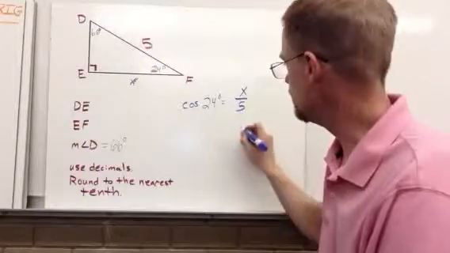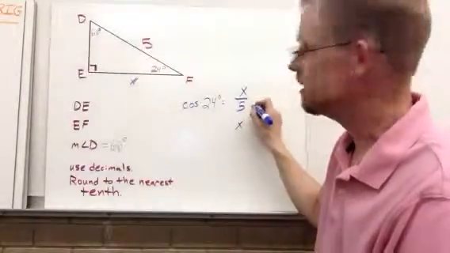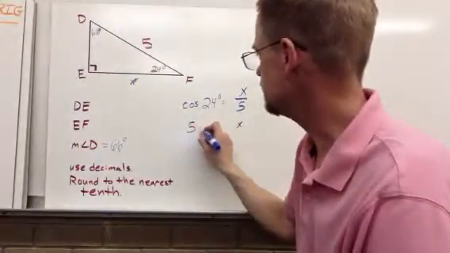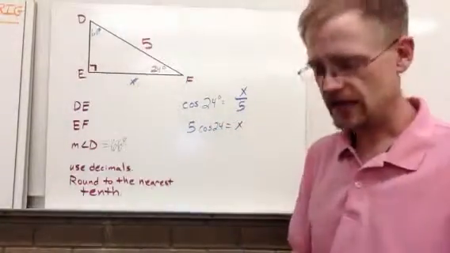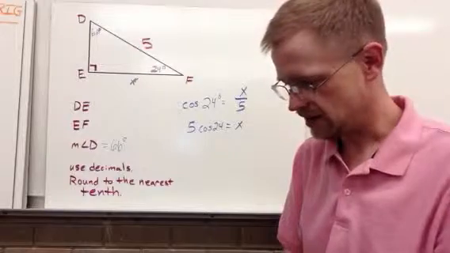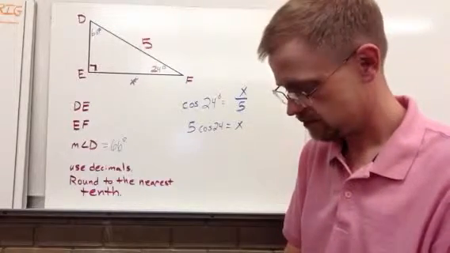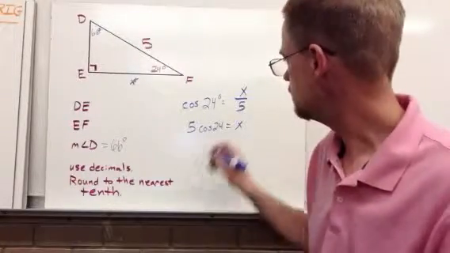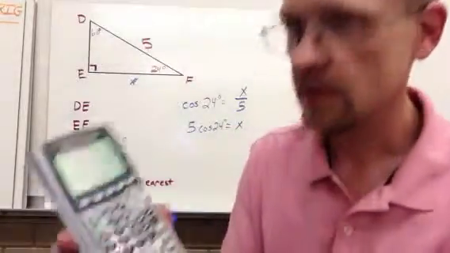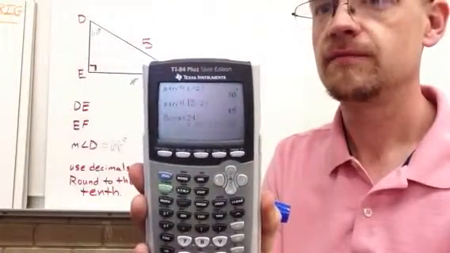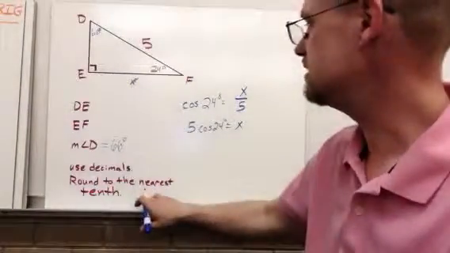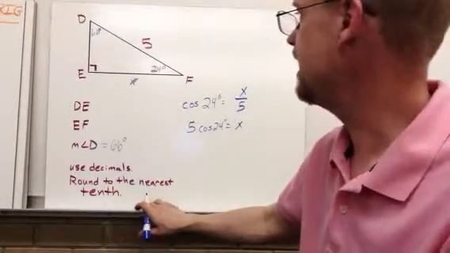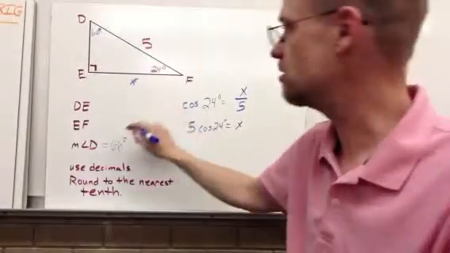Do a little algebra here to take both sides times 5 so we have something we can plug into the calculator. So I'm going to put 5 times the cosine of 24. Hit enter, and I get 4.567. We're rounding to the nearest tenth, so we're going to have 4.6 as our measure here.